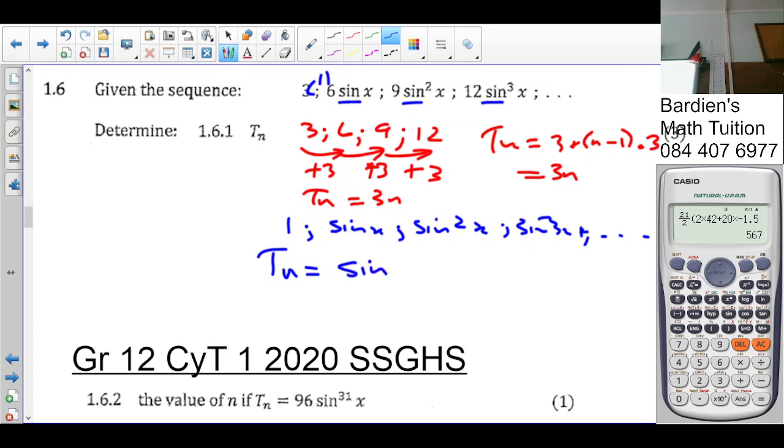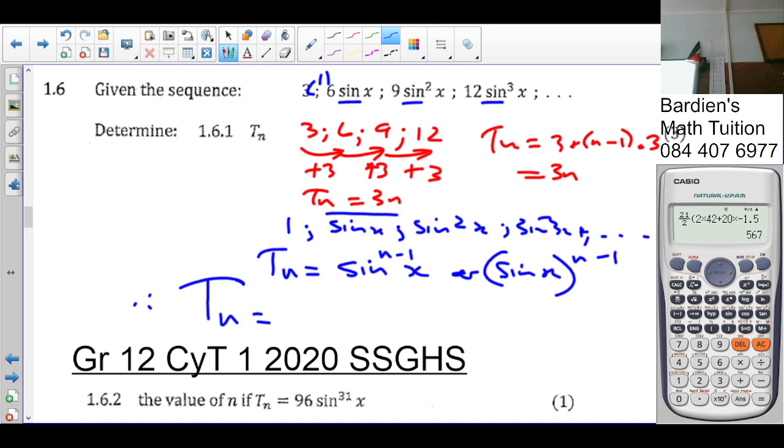So it's going to be sine x raised to the power n minus 1. But remember it's 2-in-1. So therefore the general term of this sequence is going to be 3n times sine x raised to the power n minus 1. That's your general formula then.